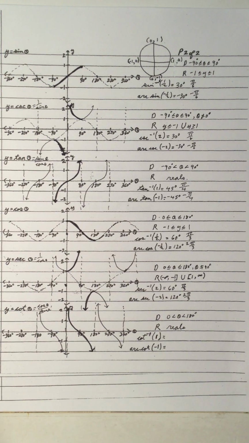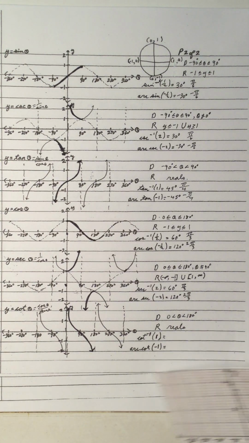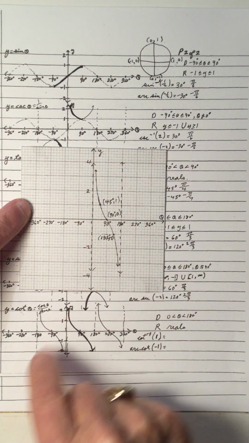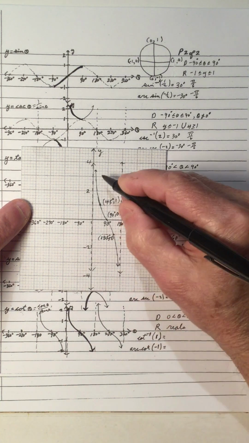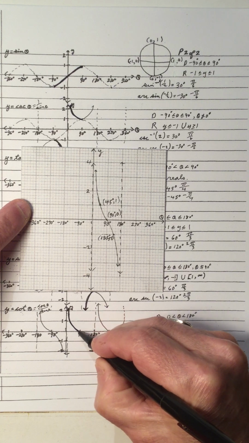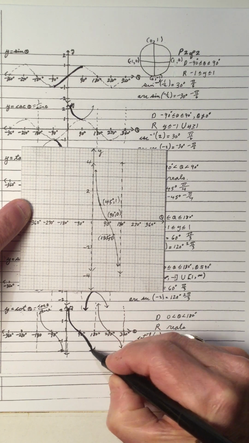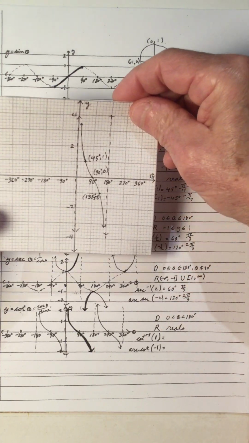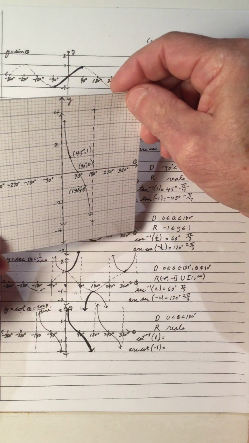And before I forget, let's do the reflection. So here's the graph. Here's the piece, the piece I'm restricting it to. There it is. Now I'm going to reflect it, and when you reflect, you're reflecting into that.